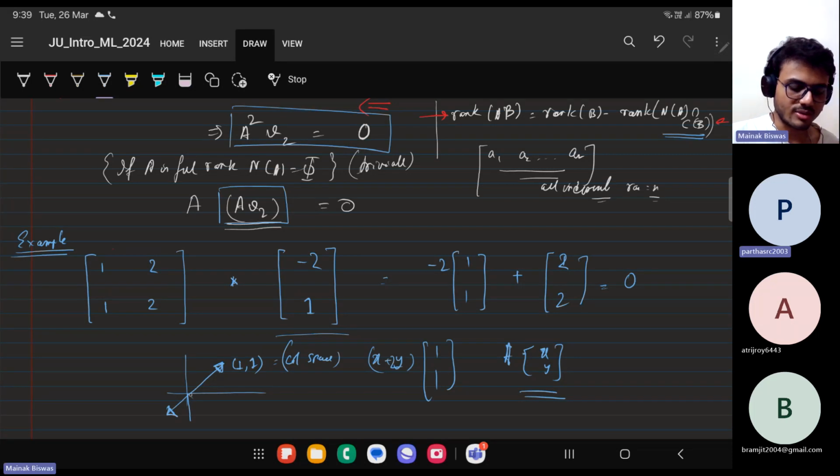So your null space will be, for 2, 1 I have got -2, 1, any alpha into that. One only is enough. We'll see why. -2, 1. So this is your null space.